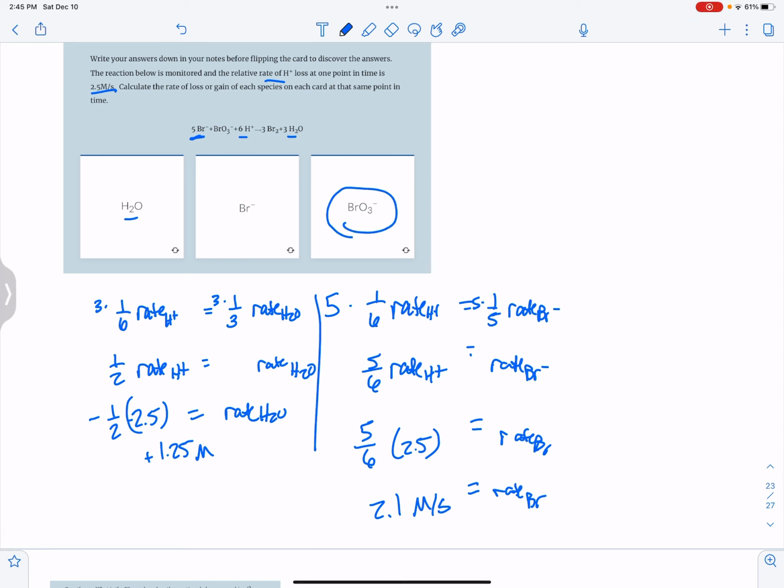Now over here, my BrO3. So again, I'm still 1/6 times my rate of H plus loss is equal to, and then the BrO3 has an understood 1 there, so it's just 1/1 the rate of the BrO3.